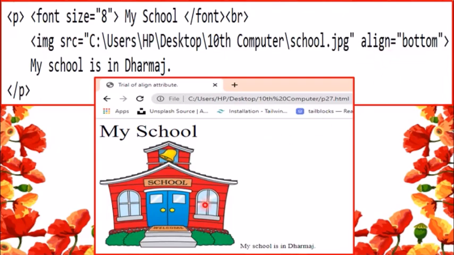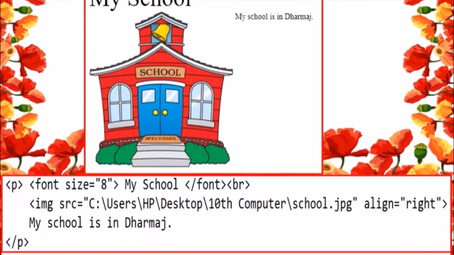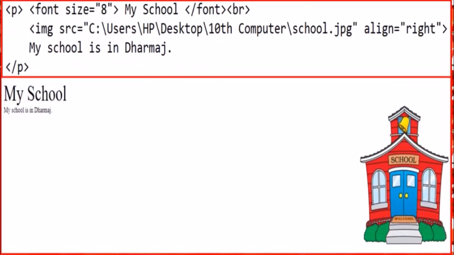Then the bottom of the image is aligned with the baseline of the current line of text. When the value of align is left, the image is aligned to the left side of the browser window. When the value of align is right, then the image is aligned to the right side of the browser window.